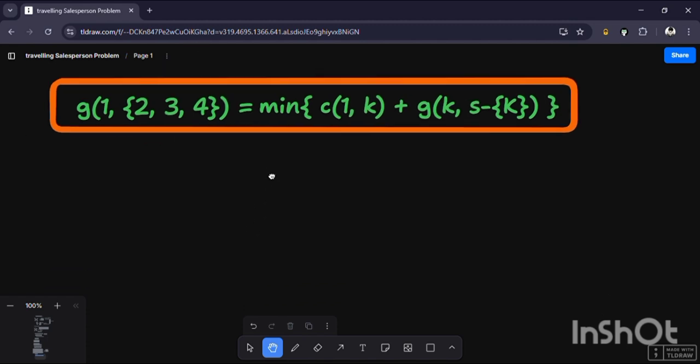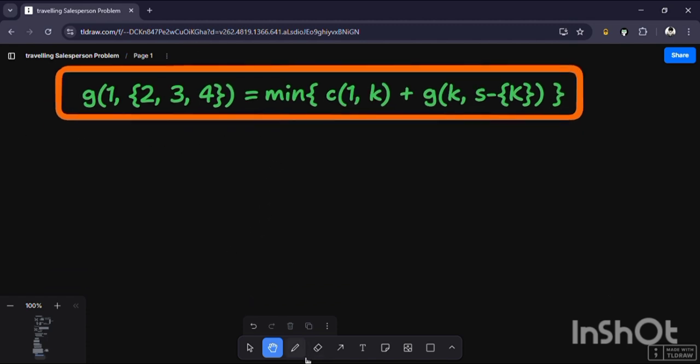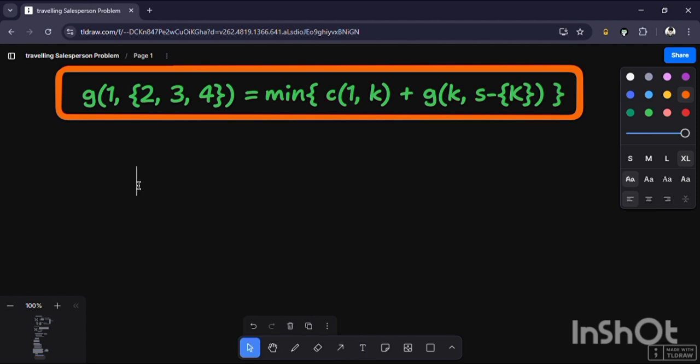So if I expand this again, g of 1 comma 2 comma 3 comma 4 will be equal to, like previous ones, let me expand this.